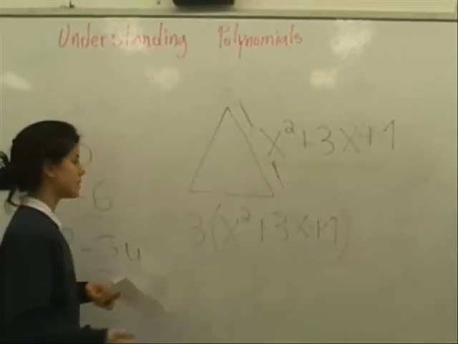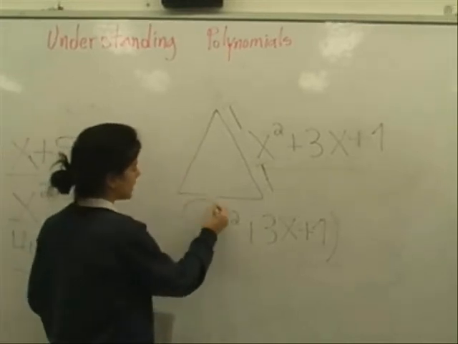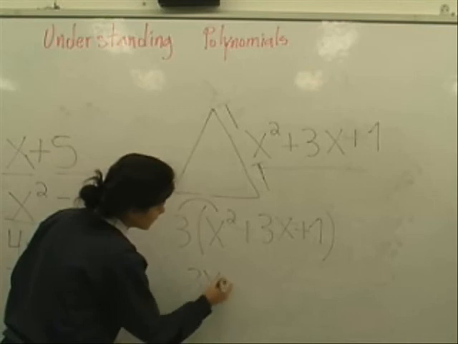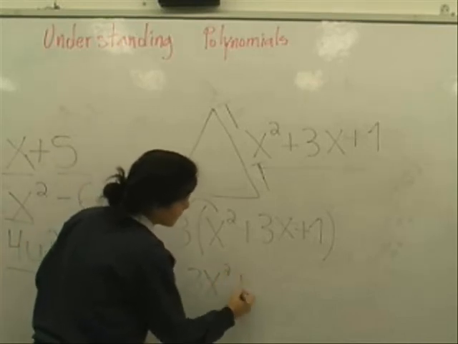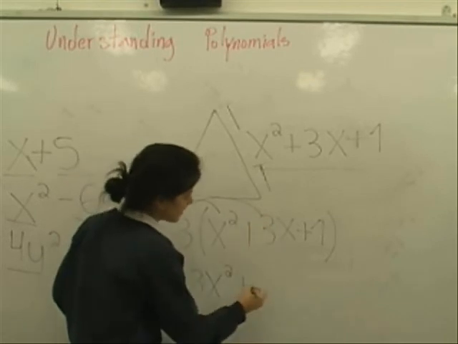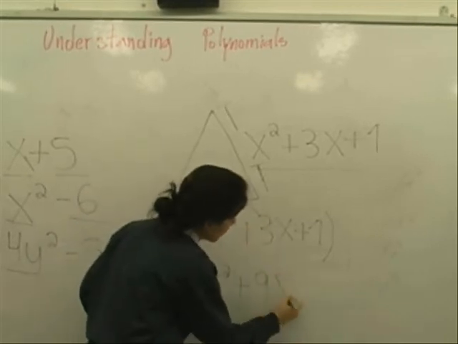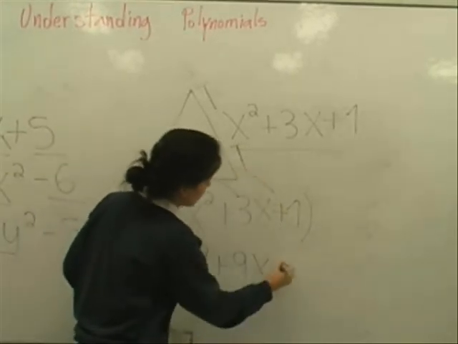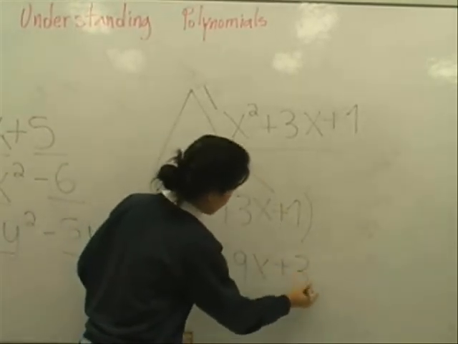And we apply the distributive law, so 3 times x squared is 3x squared plus 3 times 3x, 9x, and 3 times 1, 3.